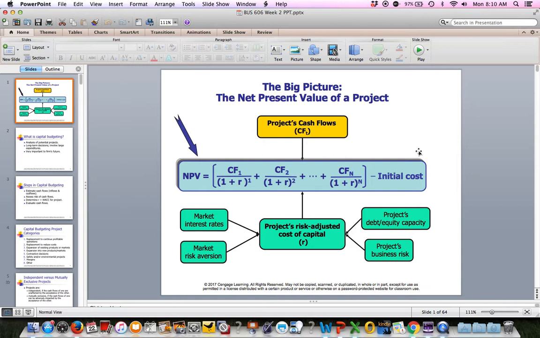We'll get into more details with it here, obviously. And then down here in the green, they talk about what that R is and what goes into that R. It's the project's risk-adjusted cost of capital, essentially the cost of obtaining capital so that we can buy that van. If that was capital that we received through a bank loan, capital from earnings that we've kept in our business and are just going to reinvest in this new delivery van, or maybe it's outside investment.